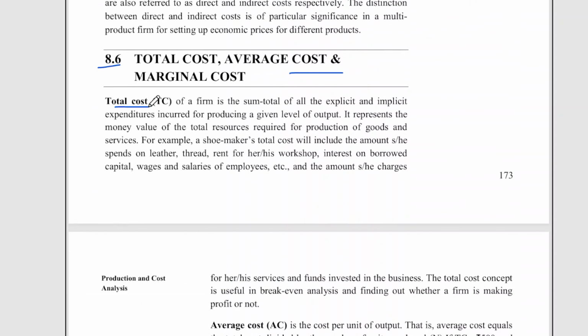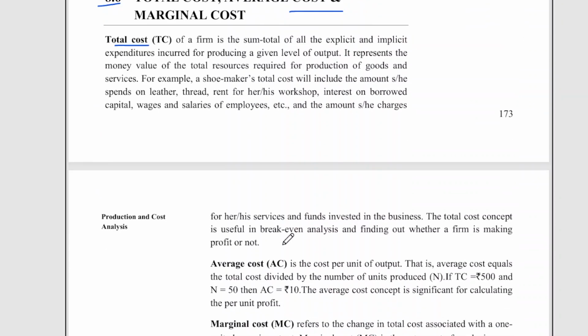Next is total cost, average cost and marginal cost. So what is total cost? TC of a firm is the sum total of all the explicit and implicit expenditures incurred for producing a given level of output. It represents the money value of the total resources required for production of goods and services.